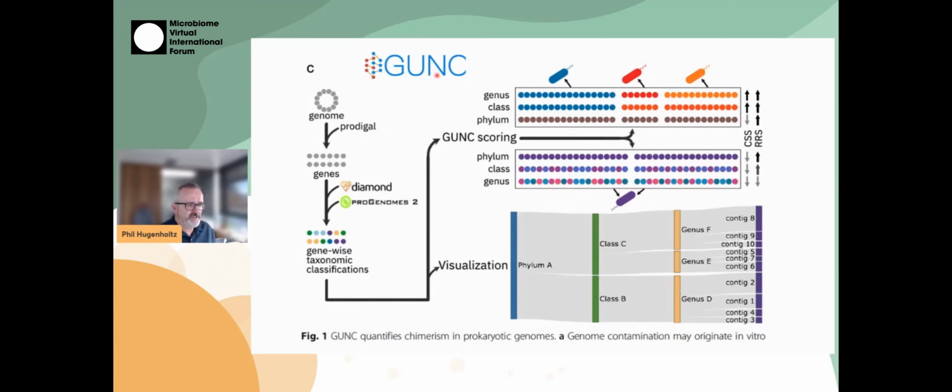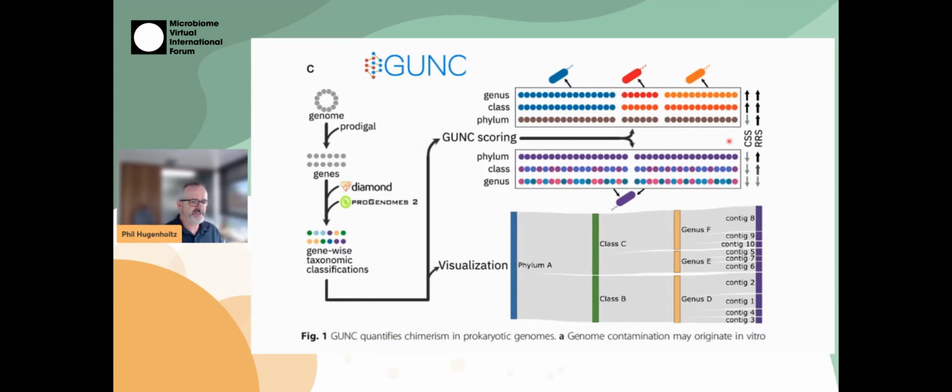And this is another lovely figure from the actual paper, panel C. I won't go into huge detail about how it works, but it's basically based on sequence conservation to a reference database. So it's looking for similarity of the genes to an existing reference database, and it's looking at all of the genes.